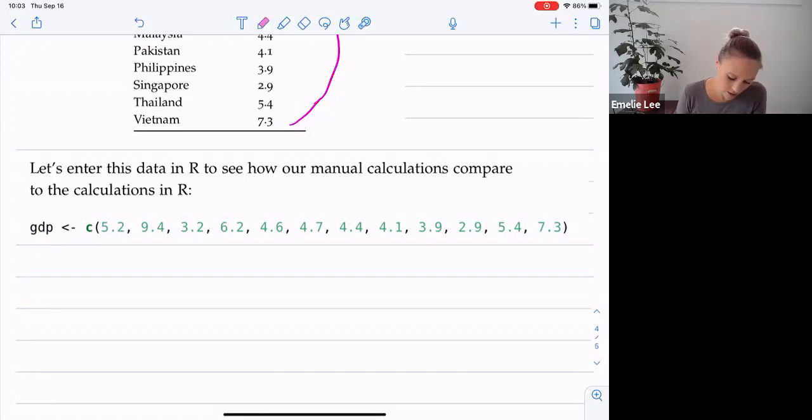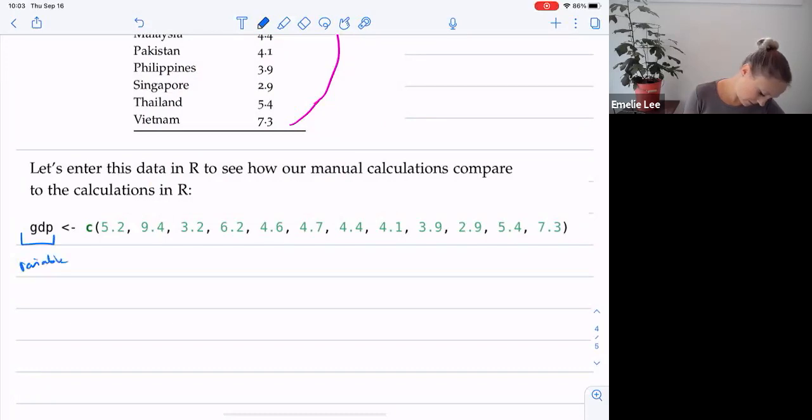This is the variable name, so later when I type GDP, R knows that it's actually the list of all these numbers. It's an array, and this is the simplest way to enter data.